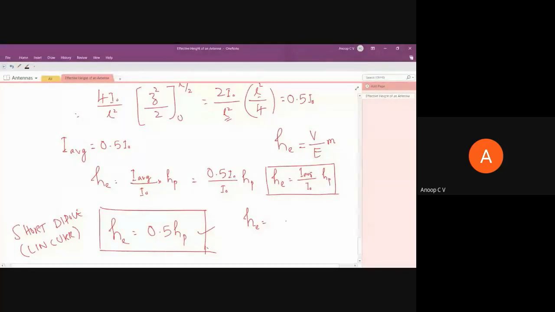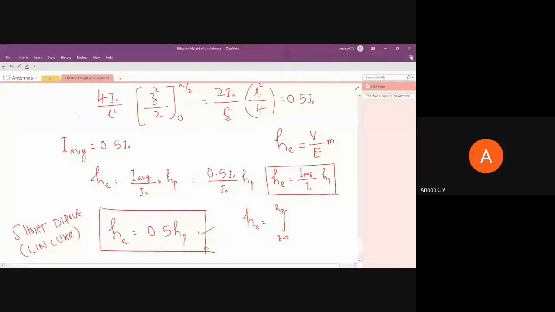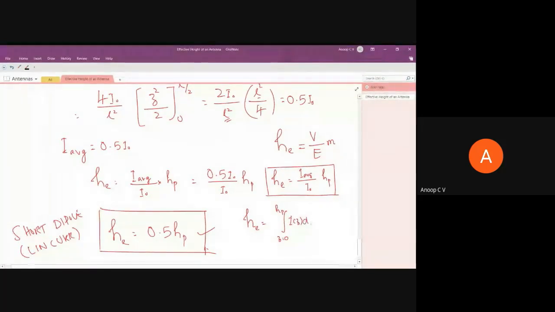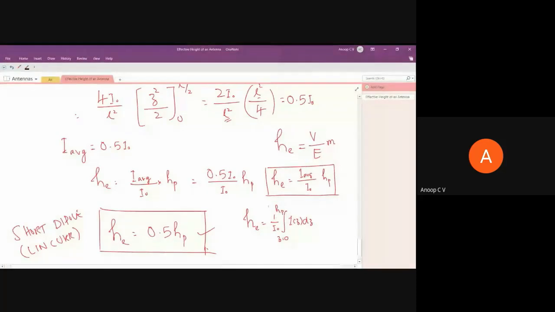How to find I average? To find I average, I have to integrate the current distribution along z, from 0 to HP, where HP is the actual length of the antenna. I should integrate I of z dz over the length of the antenna and divide it by I naught. This is the normalized average current.